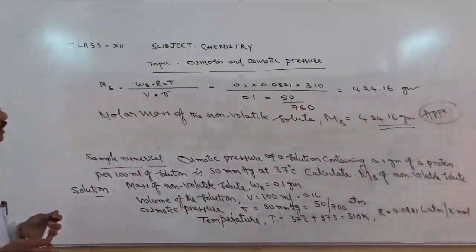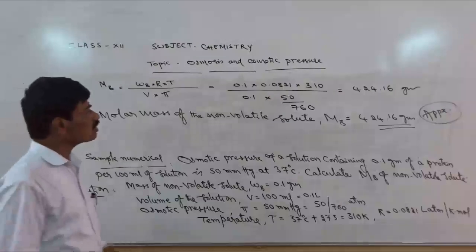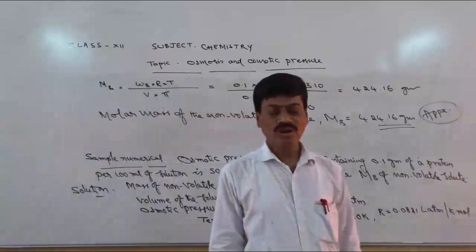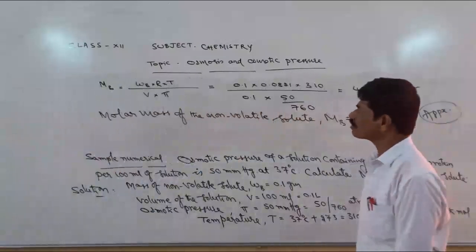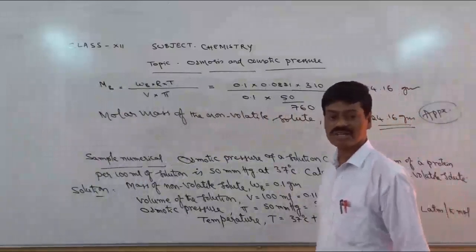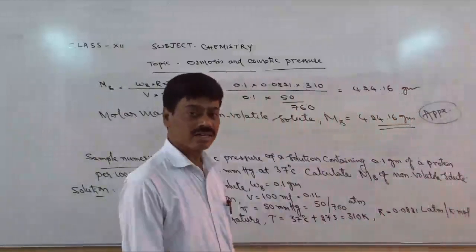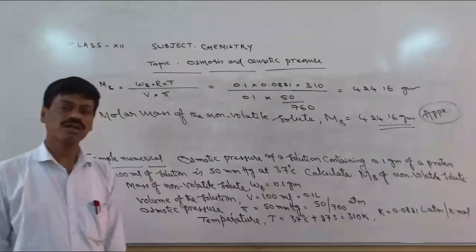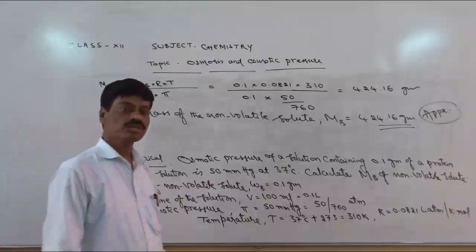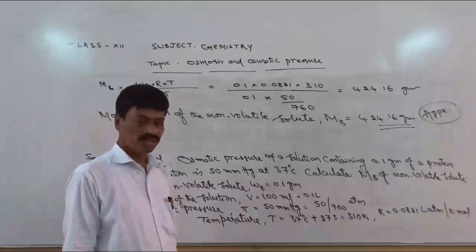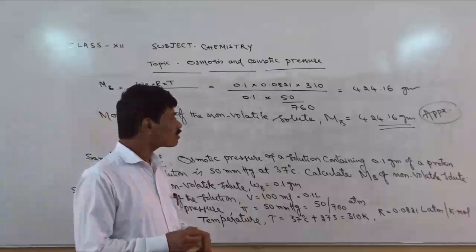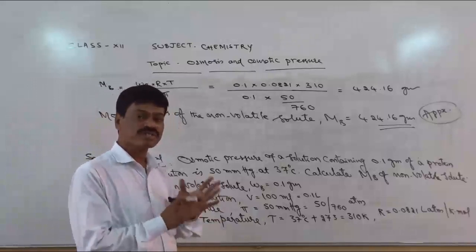Now let us see in short osmosis and osmotic pressure. Osmosis is nothing but a phenomenon making passage of solvent particles occur via a semi-permeable membrane into a binary solution. Here the process will not occur in the opposite way.